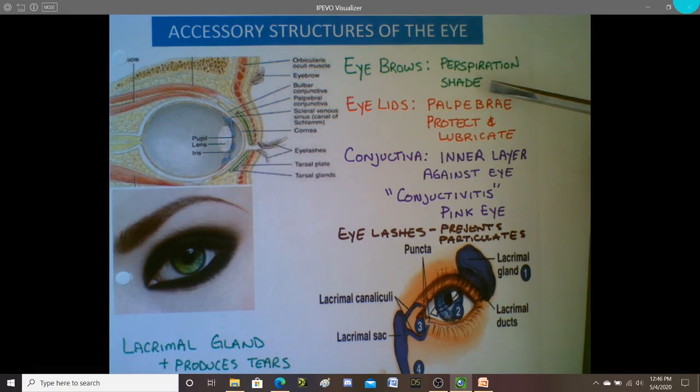So it diverts perspiration. It also shades our eye. It's kind of like how the football players put that black strip below their eye. Well, your eyebrow is like a darker strip above your eye to help shade your eyeball. So those are the two main functions of your eyebrows. I know they're weird, and you get those funky eyebrows you have to pluck and stuff, but they do serve a purpose.